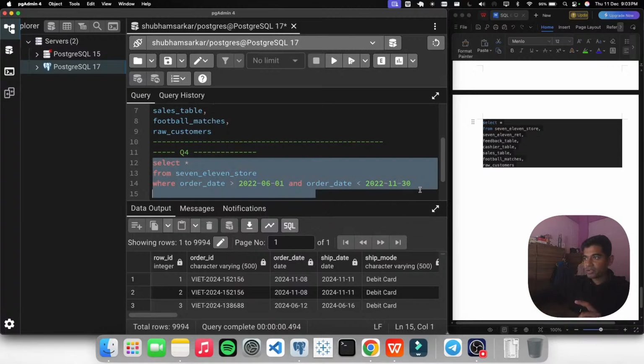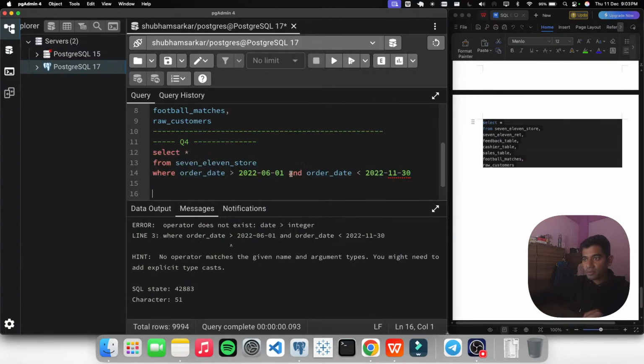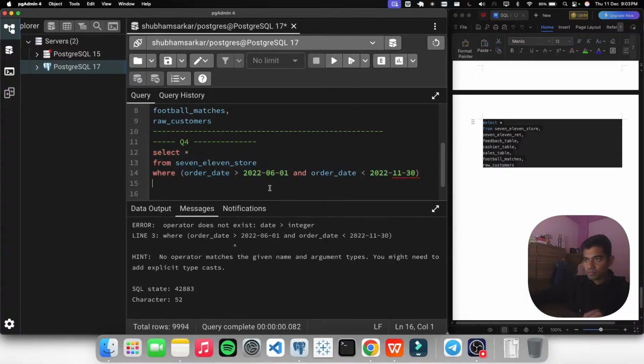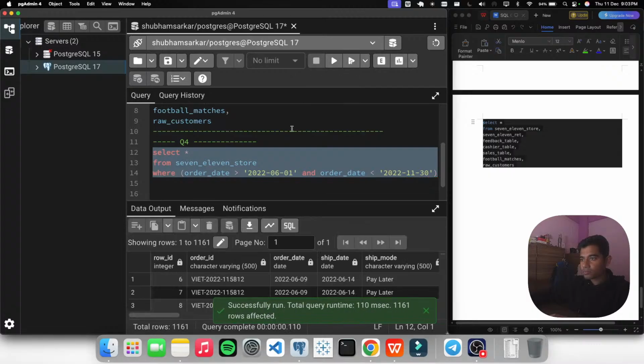Let's see, do we get any output in that? Let's write like this and see what happened here. Right now it's okay.